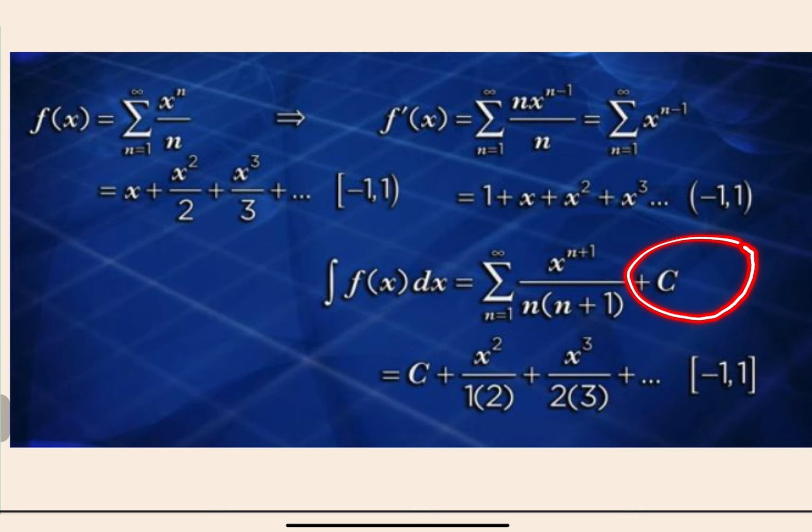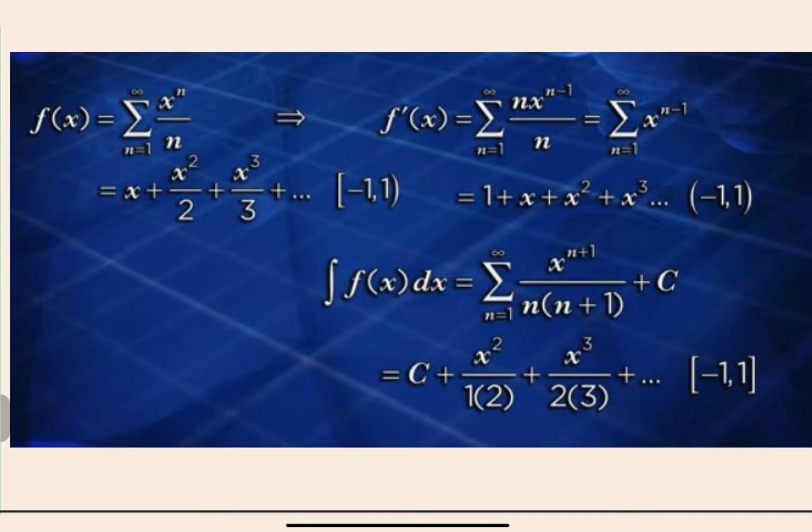So what does that equal? x squared over 1 times 2, plus x cubed over 2 times 3, and so on. So where do you think this one converges to?